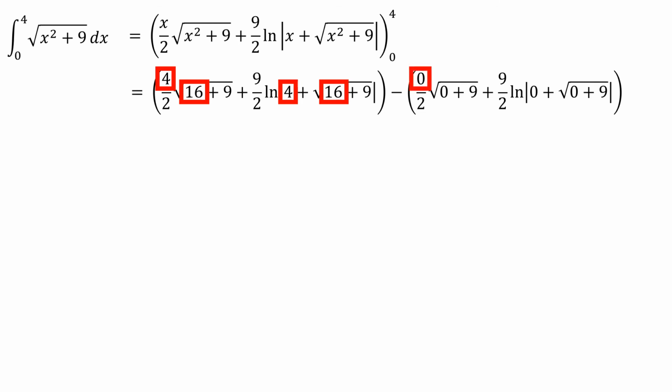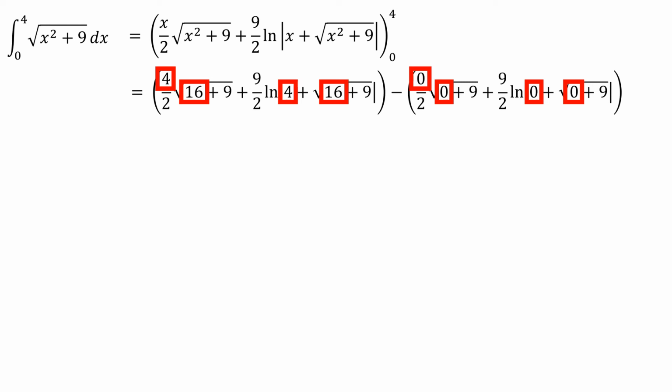So x over 2 became 0 over 2. X squared plus 9 became 0 plus 9. And x became a 0. And then x squared plus 9 became 0 plus 9.